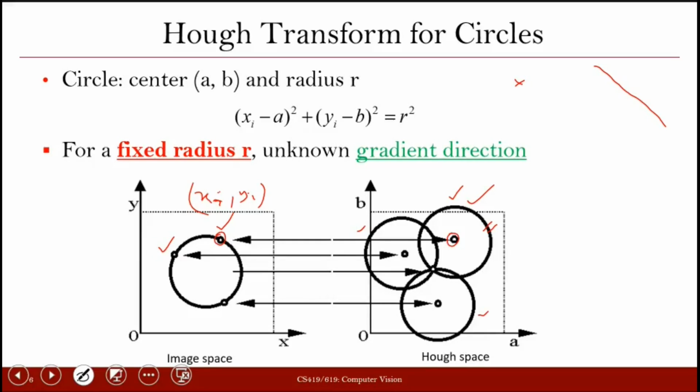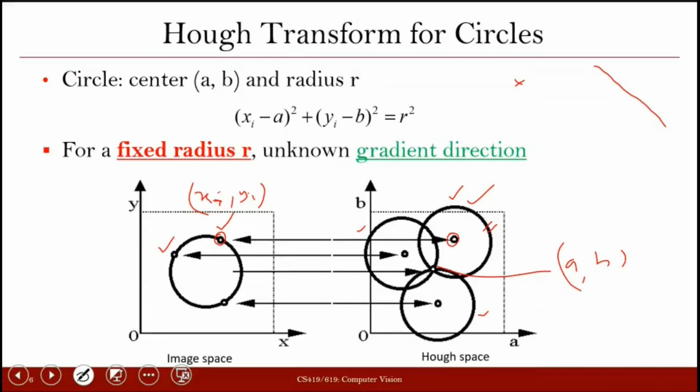Now when you analyze this voting, you find that there is one point here where lots of votes have been cast. So exactly as we said in the case of the line, here also we can conclude that if you select that particular AB, then whatever circle you make for that AB will pass through all the points which have been considered from the image space in this analysis.